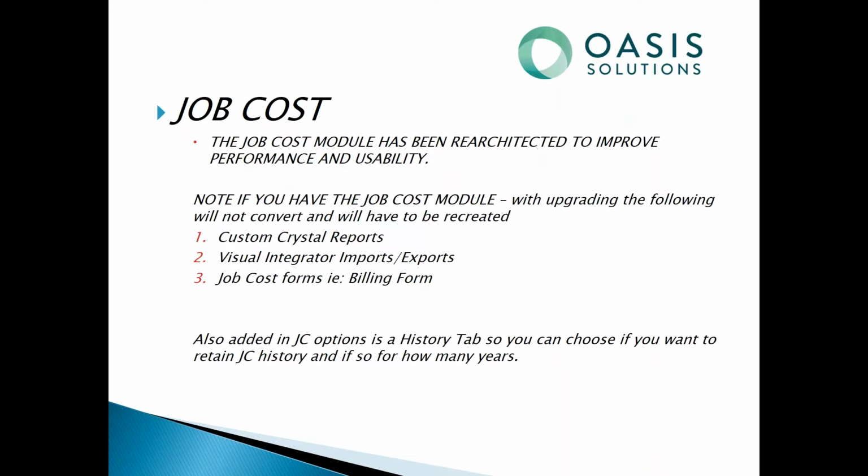It started in version 4.0 with the general ledger, and then as it progressed, there were changes in accounts payable, accounts receivable, and so forth. Two of the main modules that had not changed are the job cost module and the payroll module. Both of those have been brought into the new architecture in version 2018.